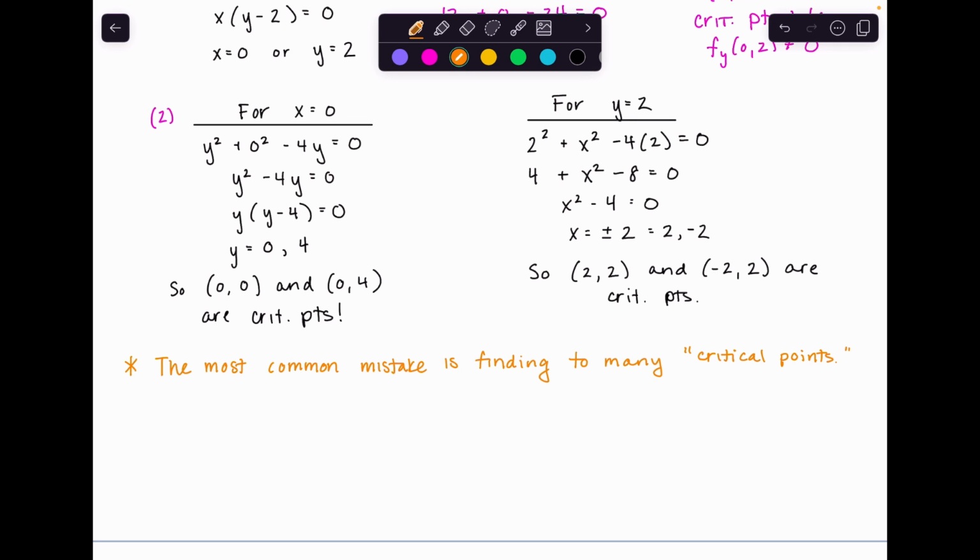So the most common mistake is finding too many critical points by finding all xy combinations from solving the partial with respect to x equaling 0 and the partial with respect to y equaling 0. Okay, so just be conscientious of that.